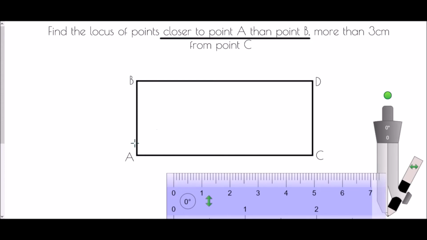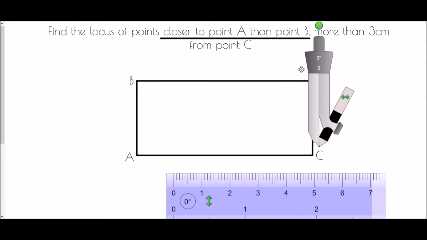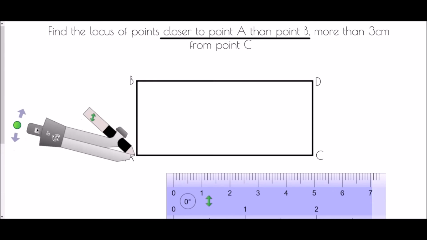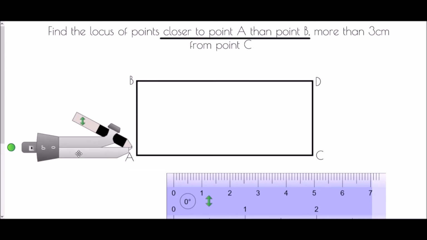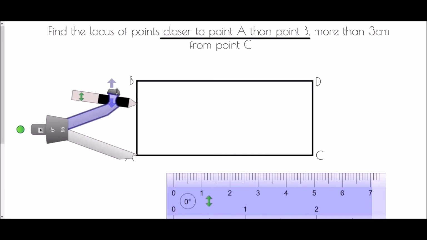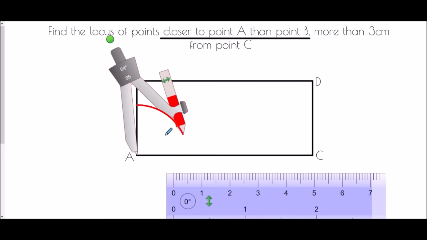We have to think which of our constructions helps us to find that. Well, if we're looking for closer to point A than point B, that is our perpendicular bisector. And so the first thing we need to do is draw a perpendicular bisector of A and B. So let's turn our compass around, get to A, open out to more than halfway along the line, and draw in our arcs.